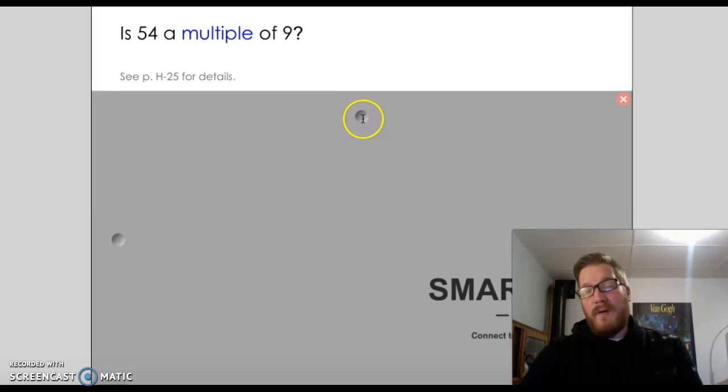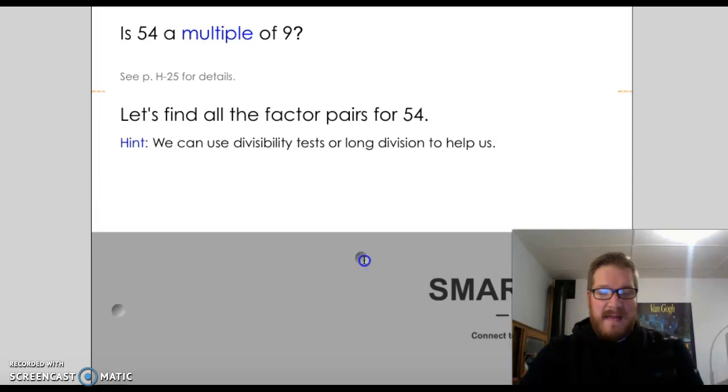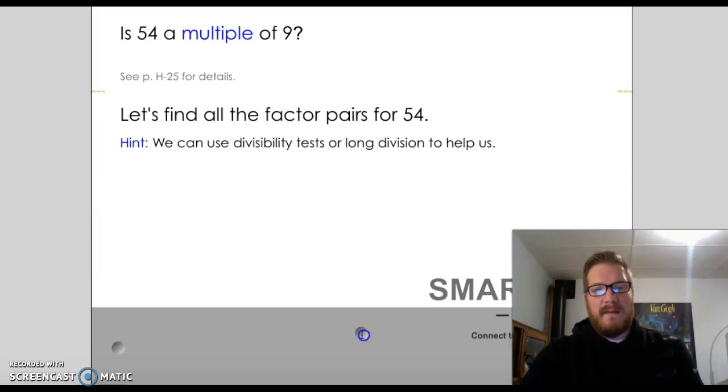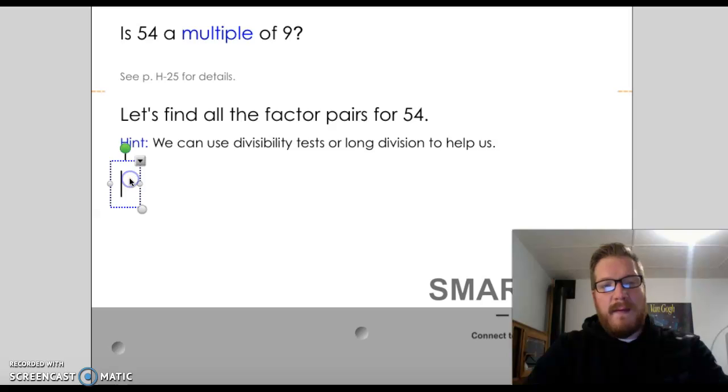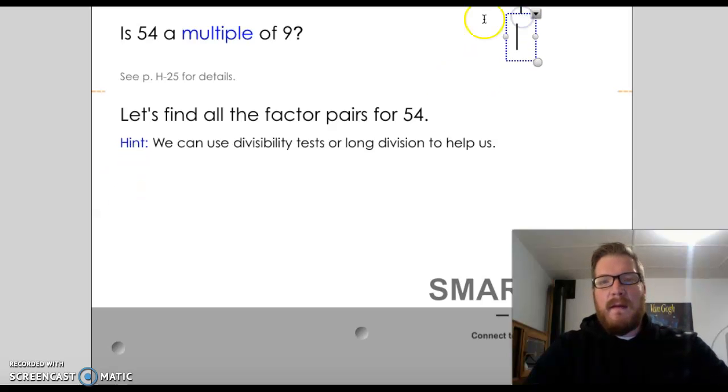So then is 54 a multiple of 9? Yes, the 2 digits add up to 9, but you can also test it out by finding factor pairs, right? Remember factor pairs, 2 numbers that multiply together. Actually I'm going to move this over here a little bit, I almost ran out of room.